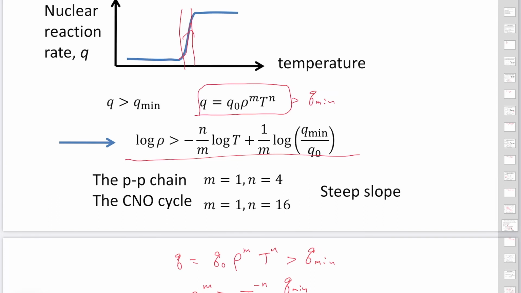And if you substitute the pp chain, m equals 1, n equals 4. So this also gives a steep line because the slope becomes minus 4. This is a very steep slope. But in the case of the CNO cycle, m equals 1, n equals 16, and you find a much steeper slope.